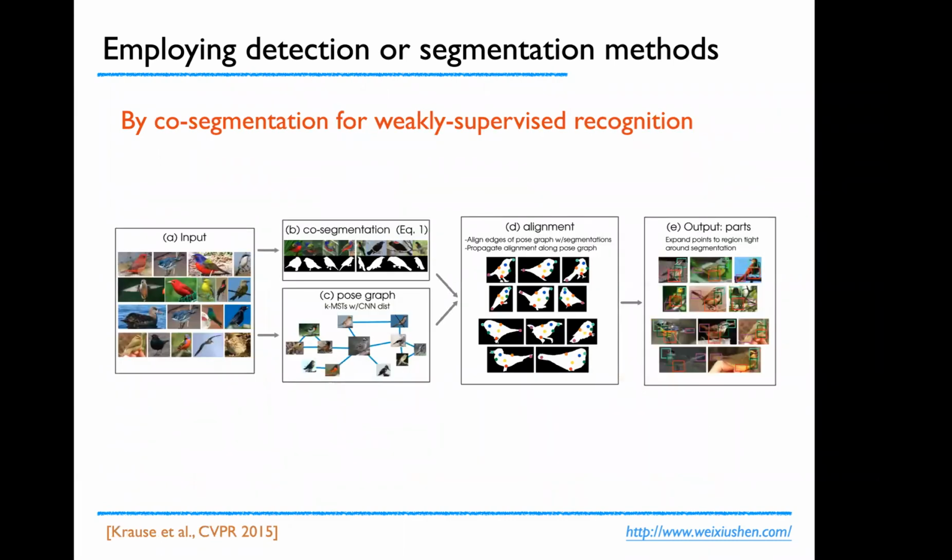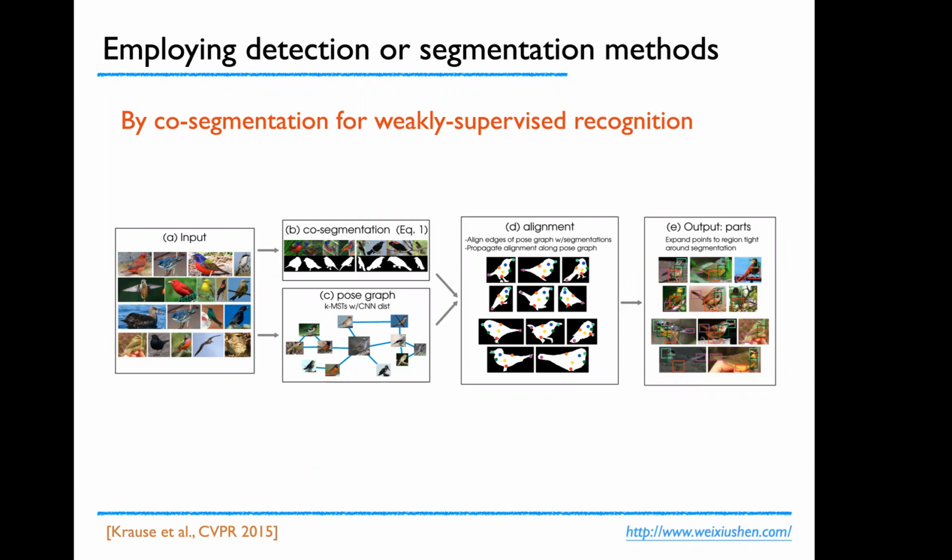On the other hand, co-segmentation based methods are also commonly used in the weakly supervised cases of fine-grained recognition. One approach is to use co-segmentation to obtain object masks without supervision. Then Krause et al. proposed heuristic strategies, that is part constraints or part alignments, to locate the fine-grained parts.